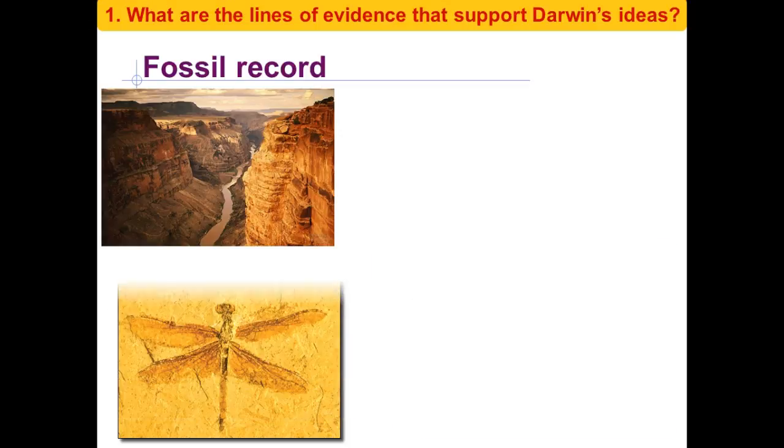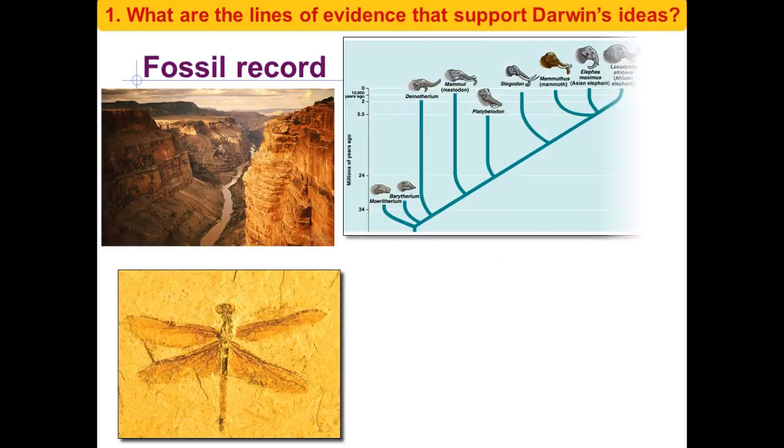The fossil record. When we look back in the fossil record, we see the remains of organisms that were alive in the past, but that are quite often extinct now, although they may have living descendants or closely related living species. Based on those fossils, we can start to put together family trees known as cladograms.